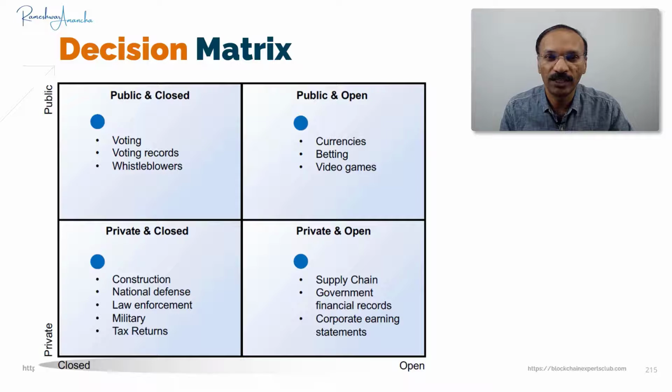But if you want to see how the company is performing, I should be able to see the data. So that will be moving into private and open blockchain applications. So these are the typical types of projects which are designed and developed using private open blockchain environments or platforms.